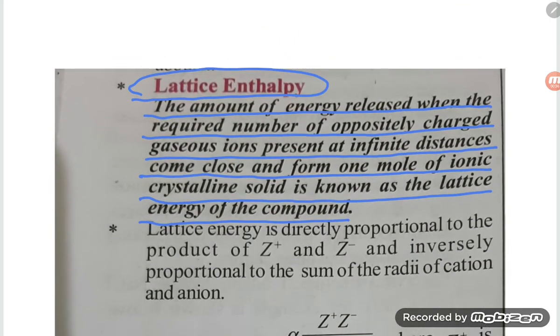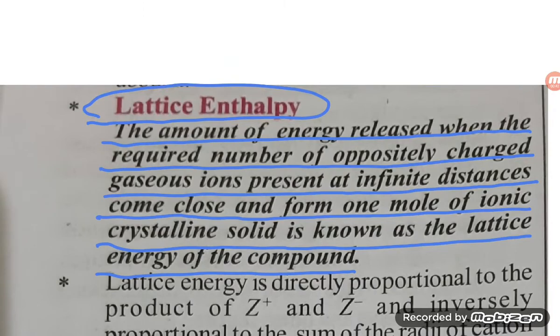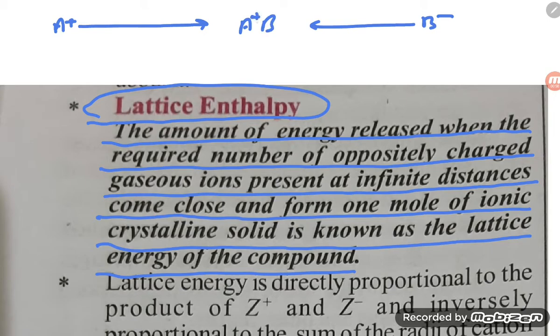So what is the meaning of this, students? If you are trying to understand the meaning, they are saying that ionic compounds are there. How much distance is there? A plus is there and B minus is there, at infinite distance, right? They are coming close and forming A plus B minus.